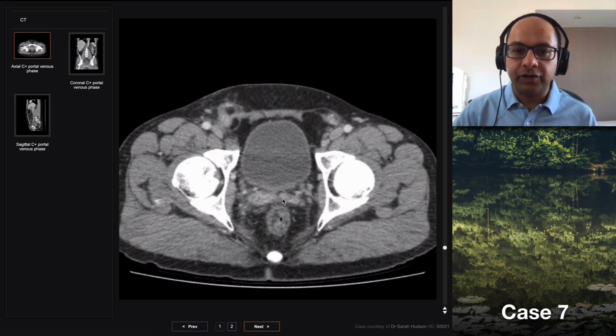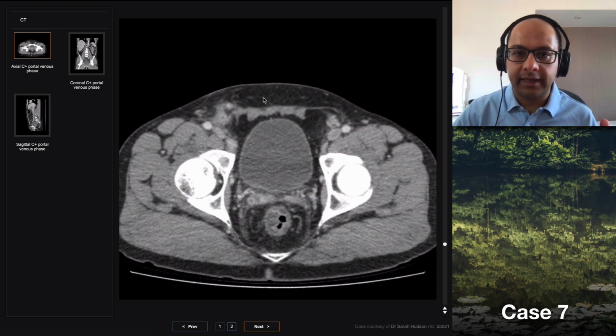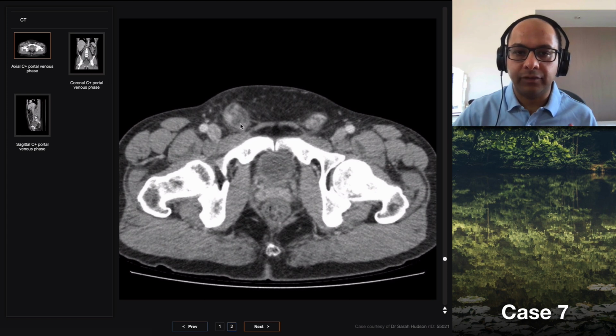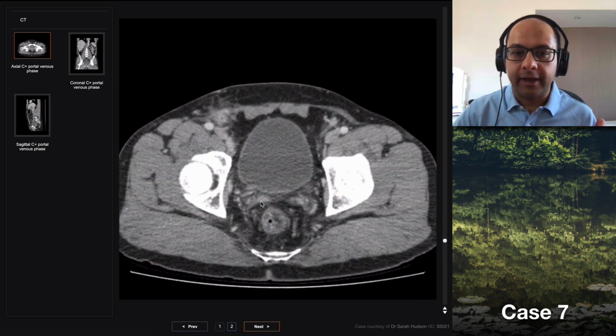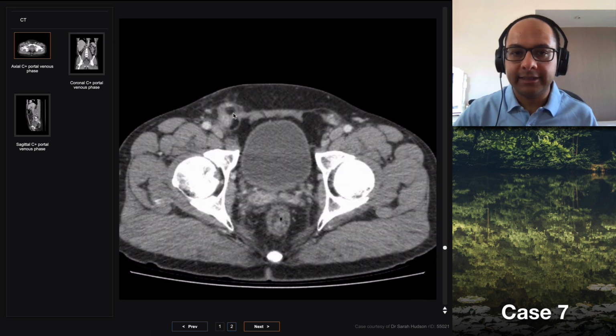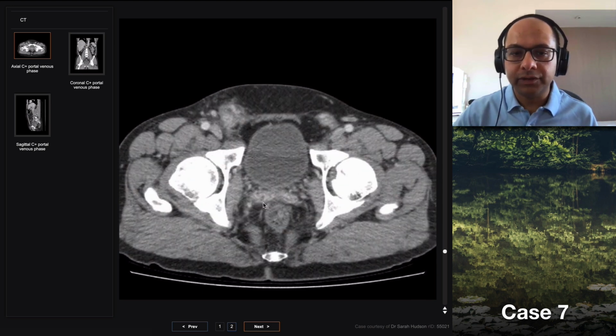So this is an acute inflammatory process involving the vas deferens and the spermatic cord within the inguinal canal, presenting with acute swelling and enlargement. This is known as vasitis, which essentially implies inflammation of the vas deferens and the spermatic cord.